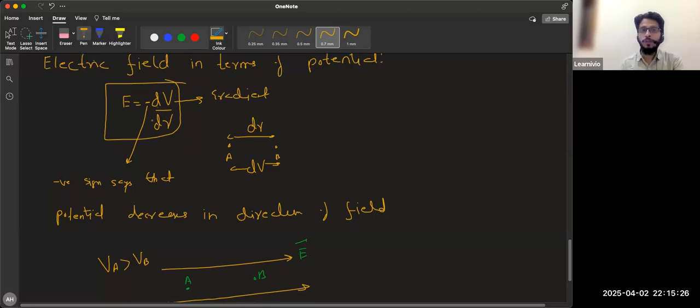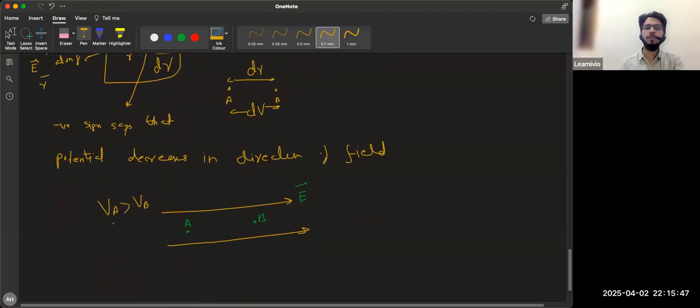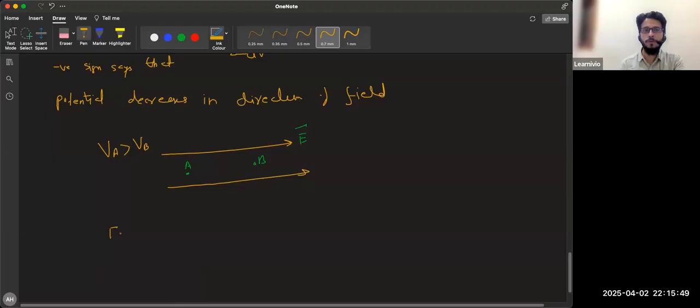So there's one more thing. If you are differentiating V with respect to R, then you are not getting E. You are getting a component of E which is along R. This is the component of E along R. Similarly, if you want to calculate Ex, component of field along x-axis, then it's minus of dV over dx.